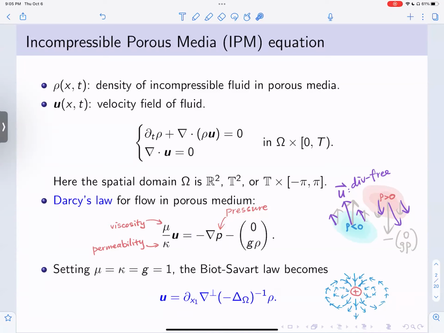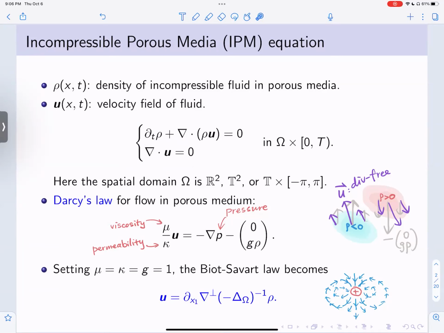The pressure term is what makes u a divergence-free vector field. So just like in the incompressible Euler equation, P itself is not explicitly given, but it is the function that makes the divergence of u equal to 0.